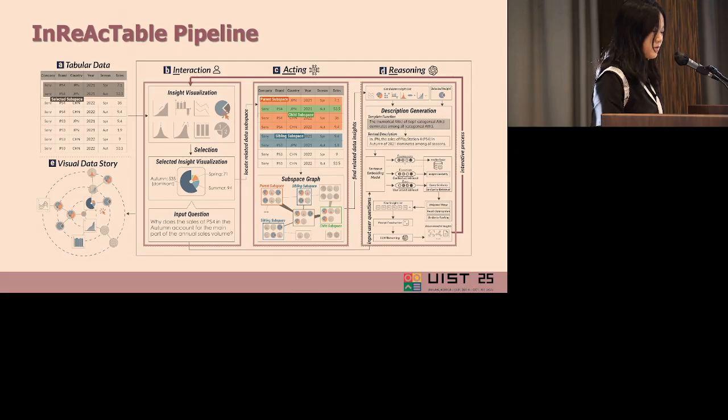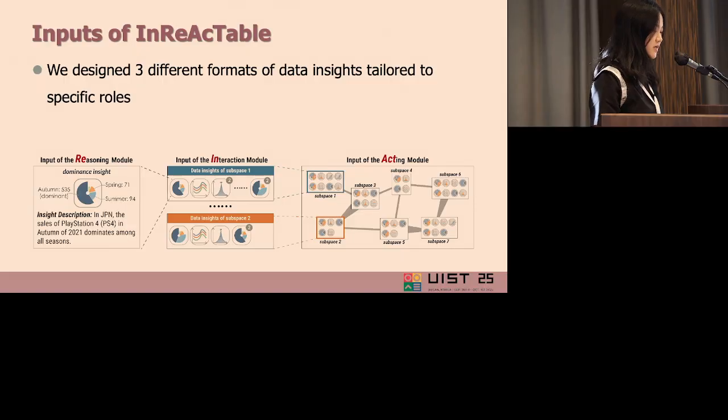And the reasoning module uses retrieval-augmented generation with the LLMs to identify the top K relevant insights. Together, they recommend insights that align with the user's intent and ensure narrative coherence. To leverage the strengths of each of the three modules, the input to each module must consider its own characteristics.